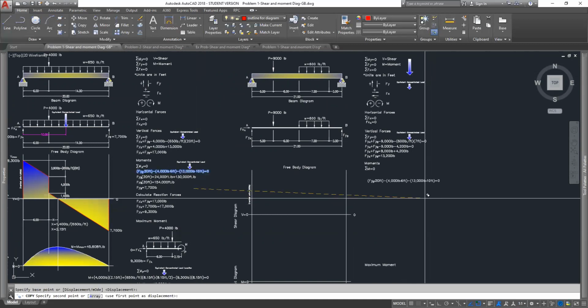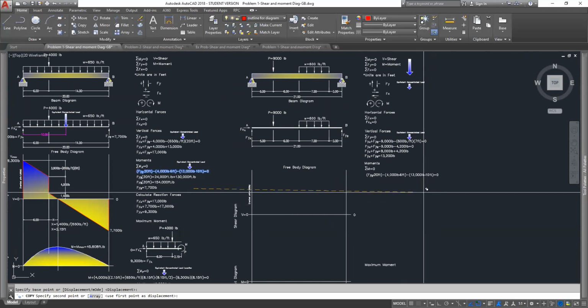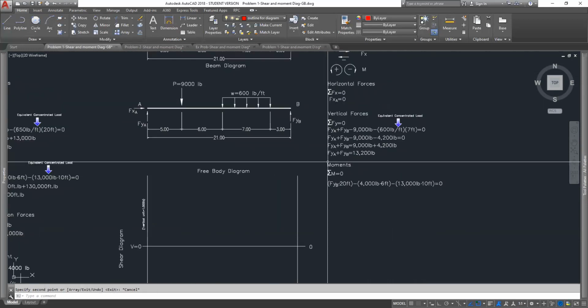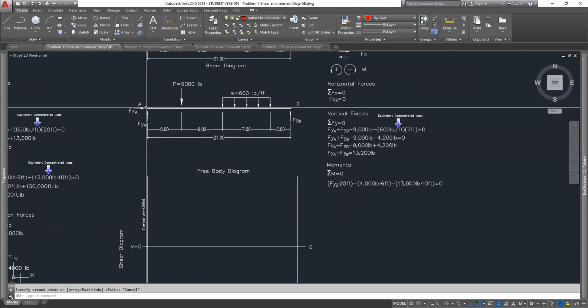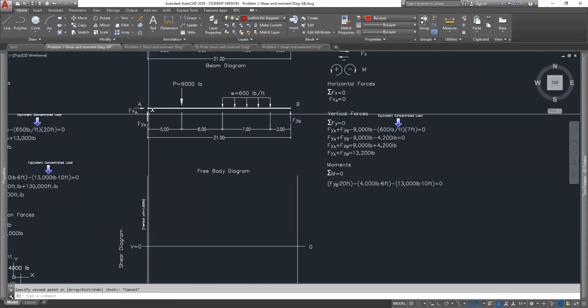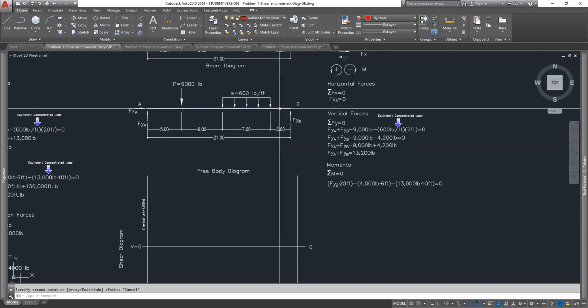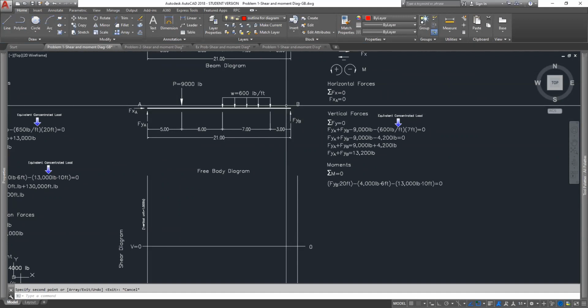What we have to do is, and I'm going to change these values right in here, but what we have to do is we have to take moments around one of the supports at this point. We're either going to take moments around point A, or we're going to take the moments around point B.